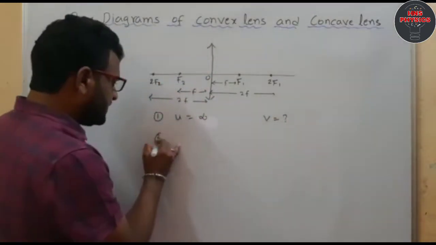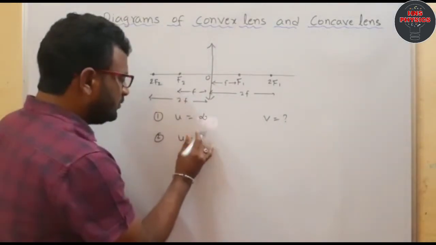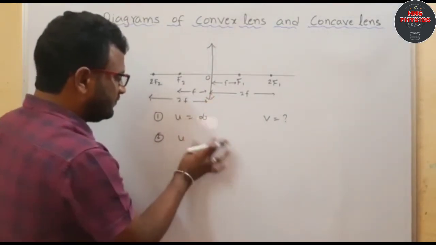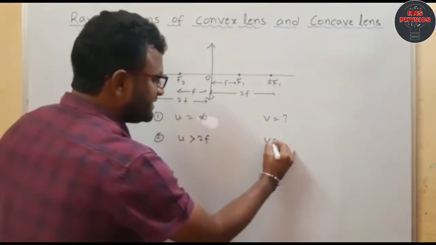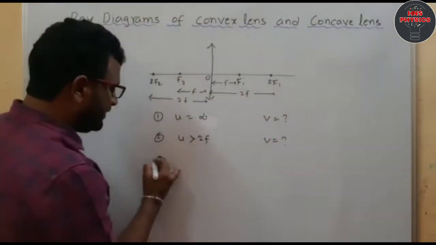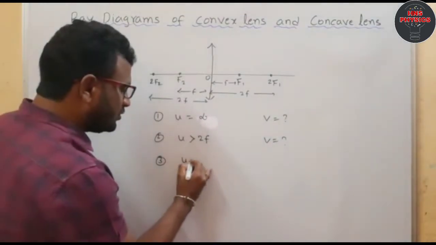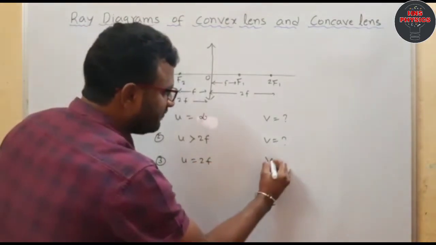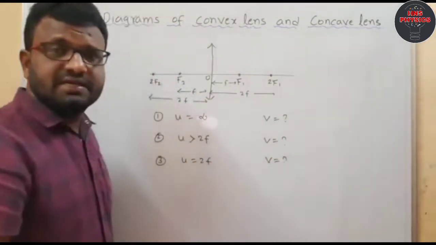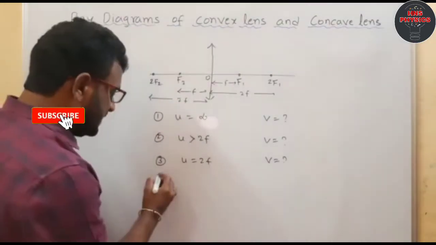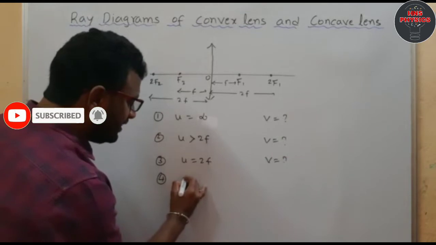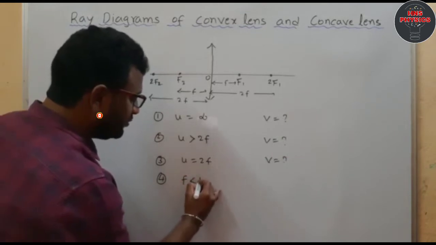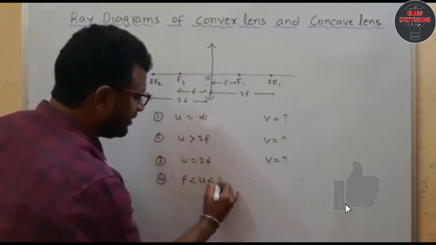Second one, u greater than 2f. So what about the image distance? Next, third one, u equal to 2f. Then what about the image distance? What is the nature? What is the size of the image? Next, fourth one, f less than u less than 2f.